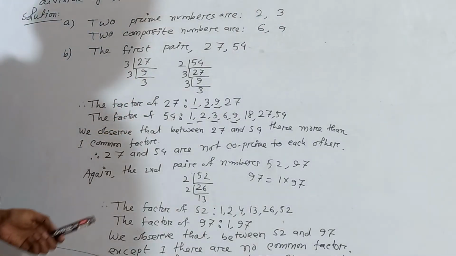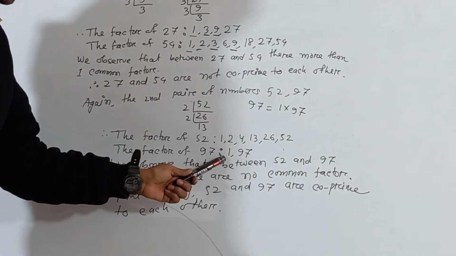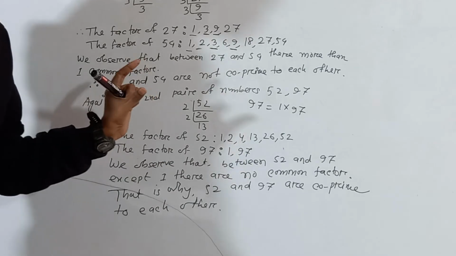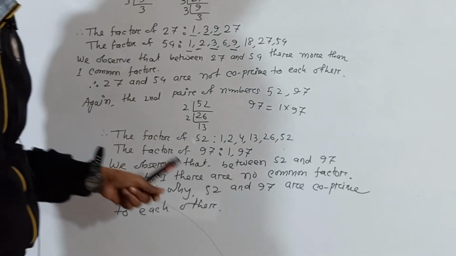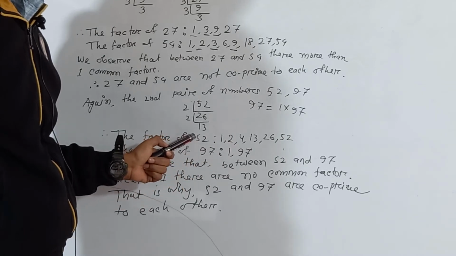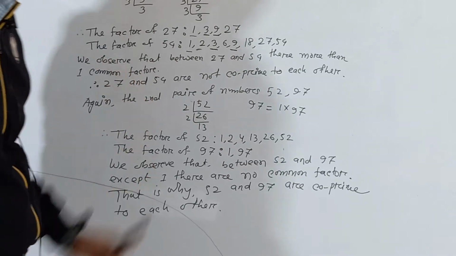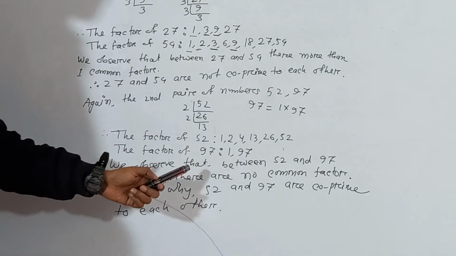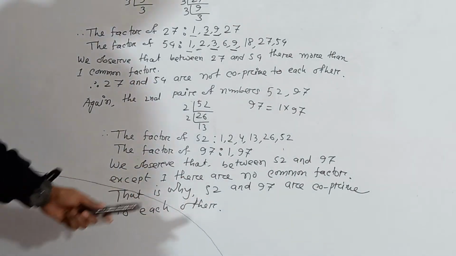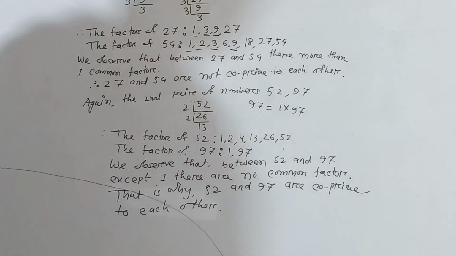But see 52 and 97, except 1, there is no common factor. That is why we say 52 and 97 are co-prime to each other. Okay, student, I hope you understood.